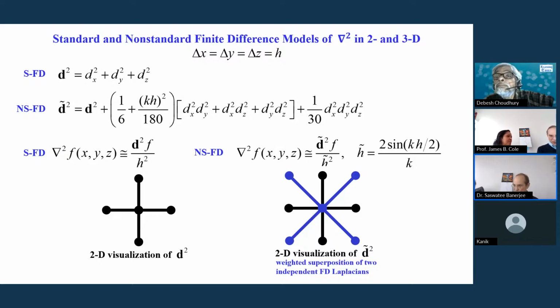The higher the dimension, the bigger the space step must be. And this comes down to Nyquist sampling. There is a minimum amount of sampling that you can do, and that determines not only the accuracy of the algorithm, but also its stability. So thank you. That's a very good question.